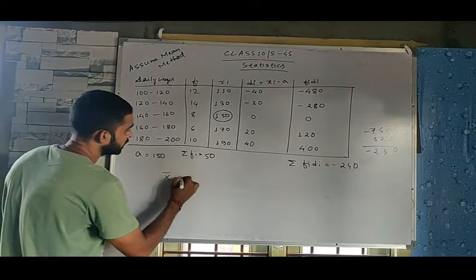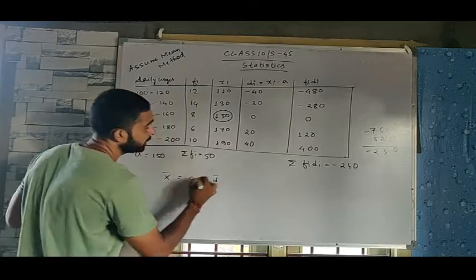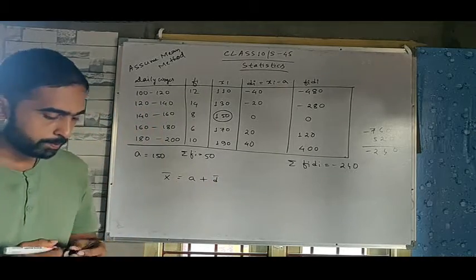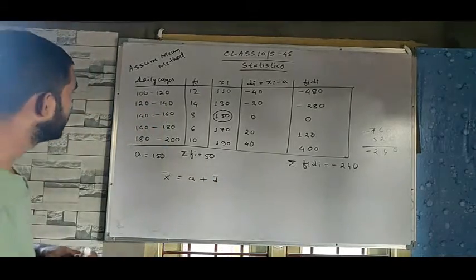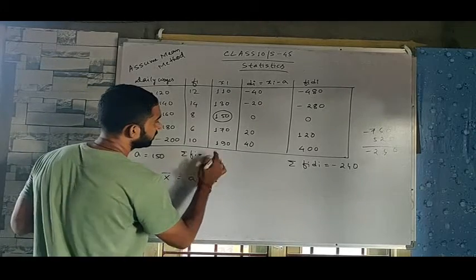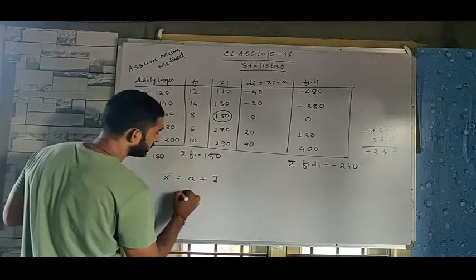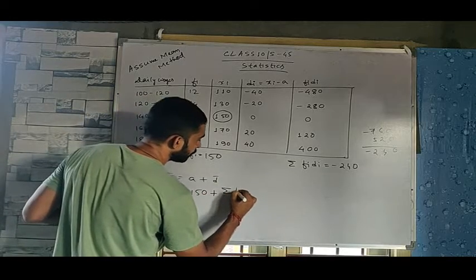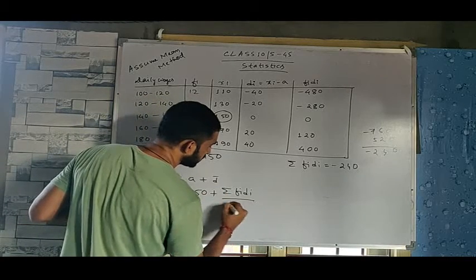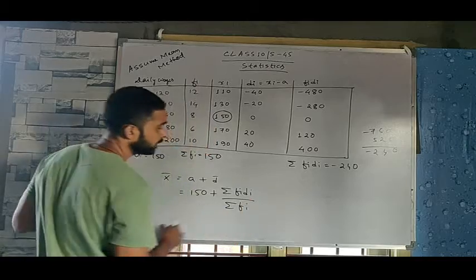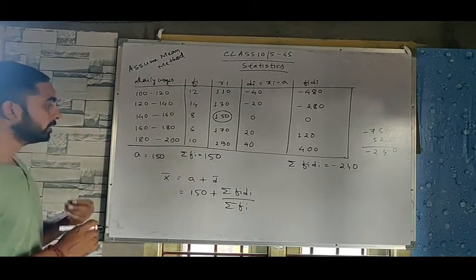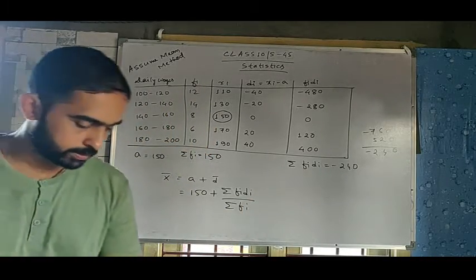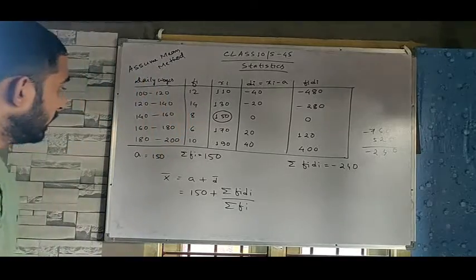So the formula is mean, x bar, equal to A plus d bar. What is A? A is 150. The d bar formula is summation of fi di by summation of fi.